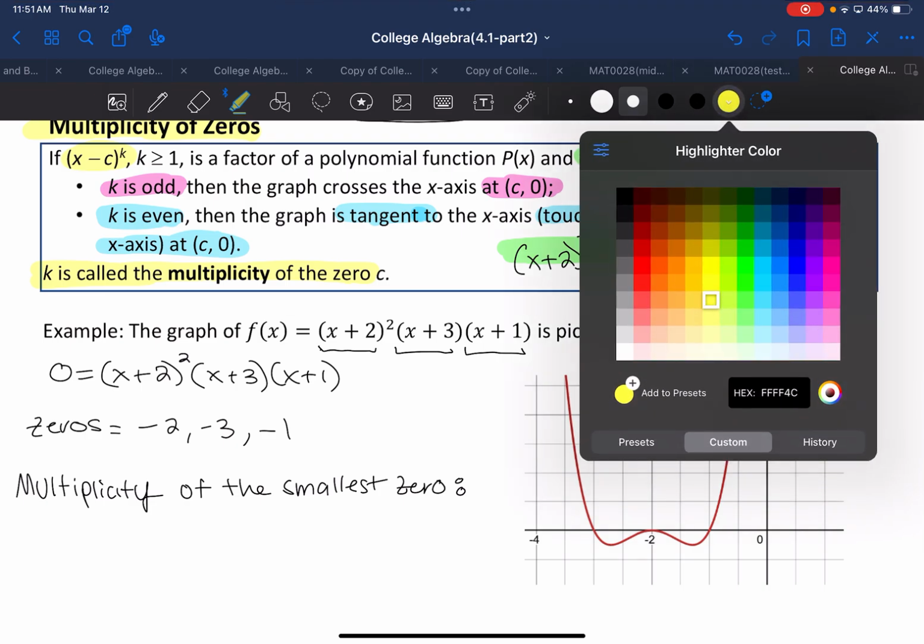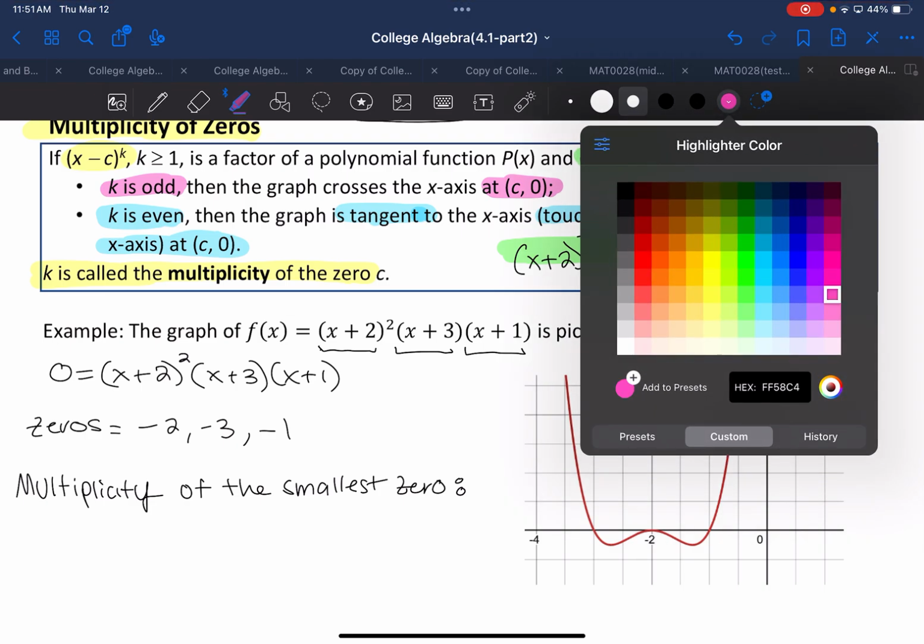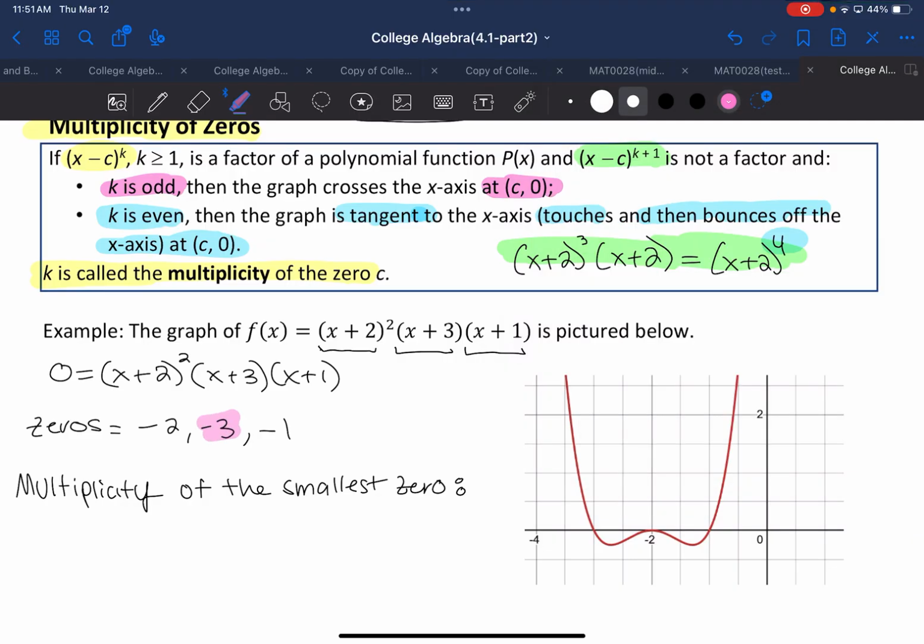That's all it means when they say that. So -3 is the smallest 0. And the multiplicity of that 0 is 1. Because technically there is an exponent of 1 on that factor.